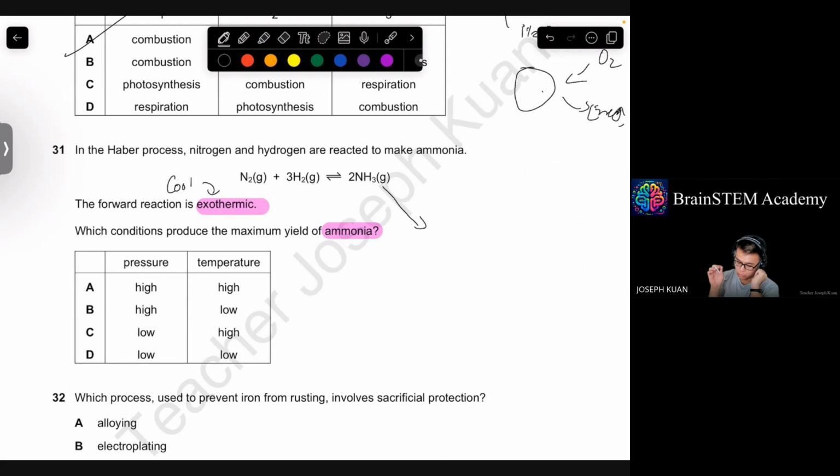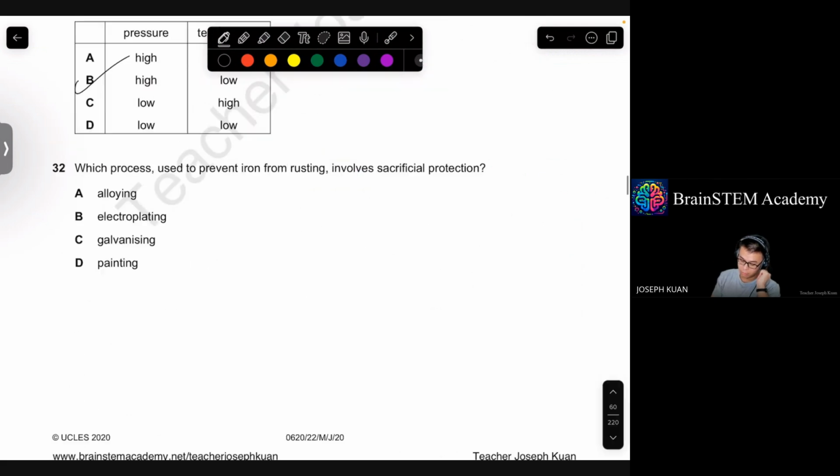And we need to increase the pressure, because on the product side, it has fewer moles of gases. So we need high pressure and low temperature. Answer is B.